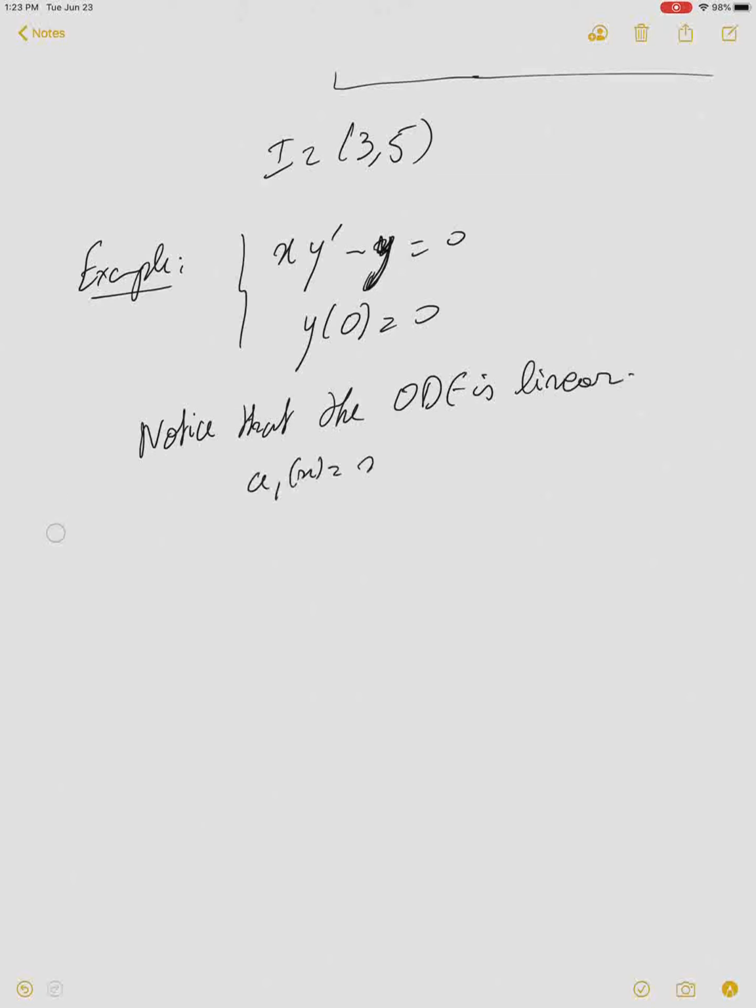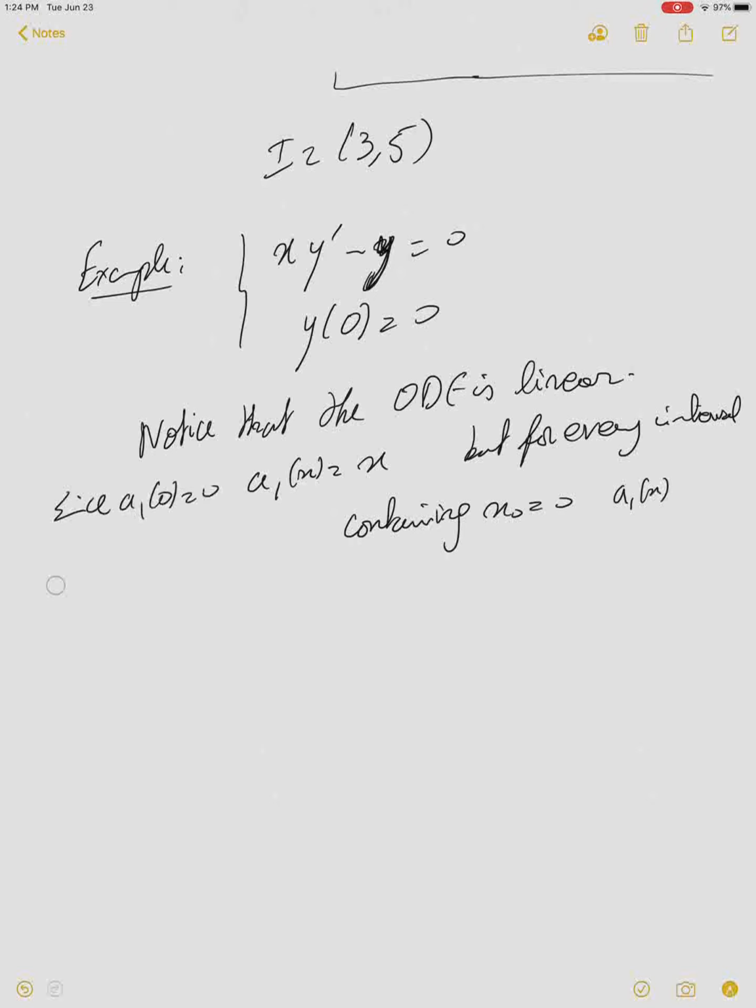I have a1(x) equal x, okay, but for every interval containing x0 equal to 0, since a1(x) = x, a1(0) is equal to 0.